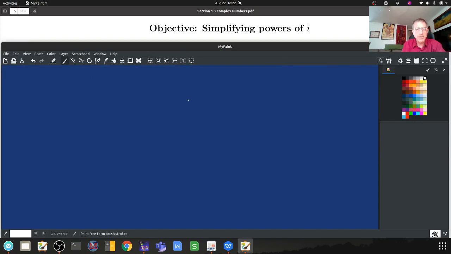Let's start out. i to the 0th power is equal to 1 by definition. i squared is equal to minus 1, also by definition. i cubed, by the previous two definitions, or just by the definition of i squared, is equal to minus i.